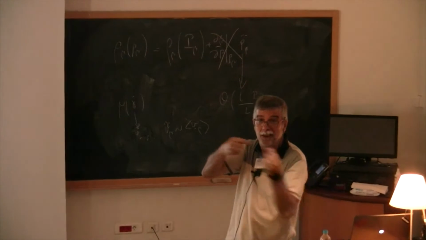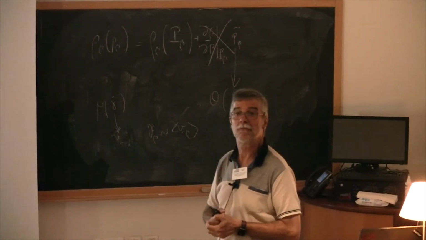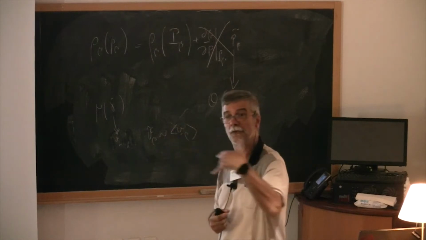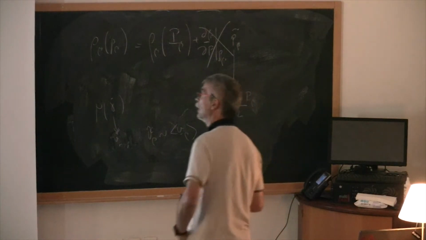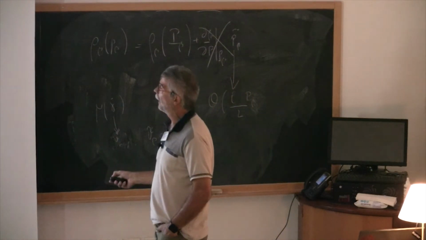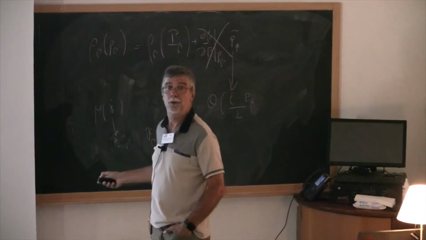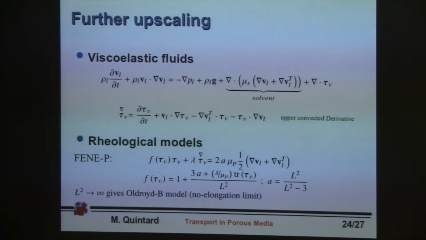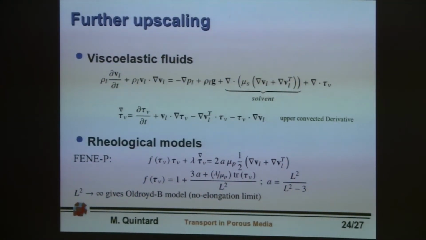So the idea is I have a solvent, and I have particles that can stretch, can change the shape during the flow. And therefore, I will write the equation like that with a Newtonian contribution and a non-Newtonian contribution. And since it can stretch, it's a mixture of springs and things like that.